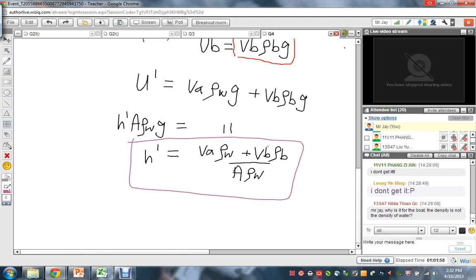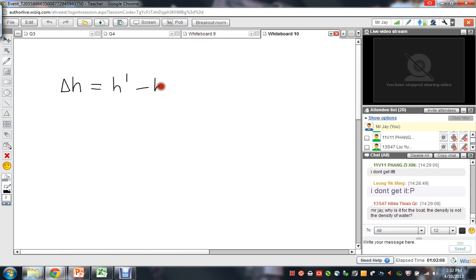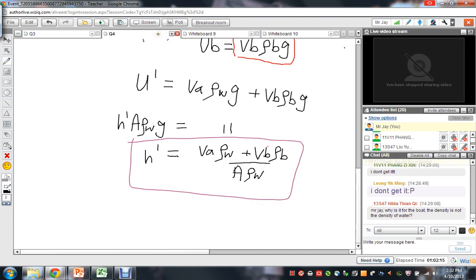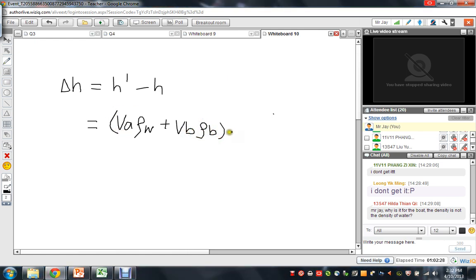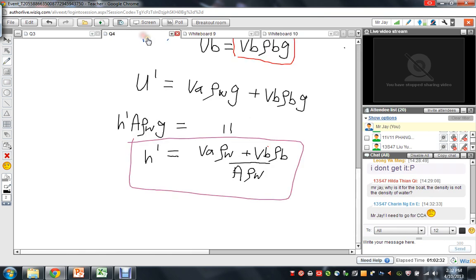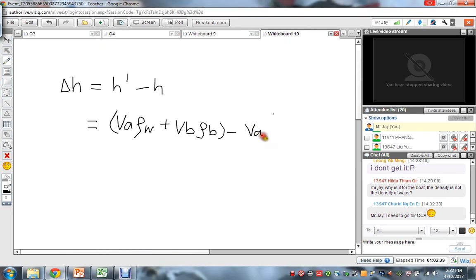Now I'm going to transfer both of these to a new sheet. The change in height, delta H, is H prime minus H. So it is equal to (VA rho W plus VB rho B) minus away the result for H, which is here, VA rho A plus VB rho B, all over the denominator.